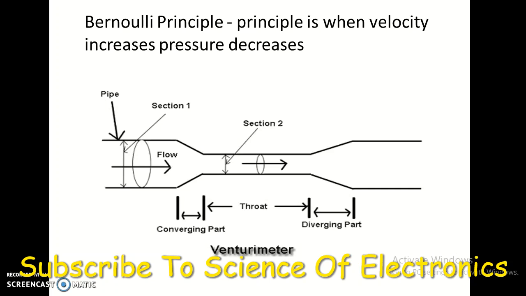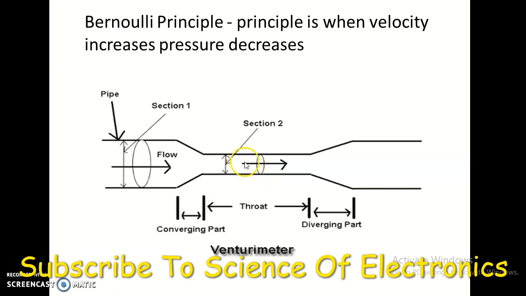Bernoulli's principle also says that the product of velocity and pressure at a particular point of a liquid is always constant. For example, suppose at this position the liquid velocity is more, then the pressure exerted on this point is less.